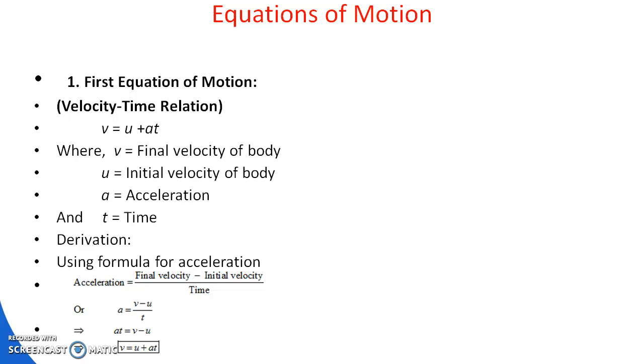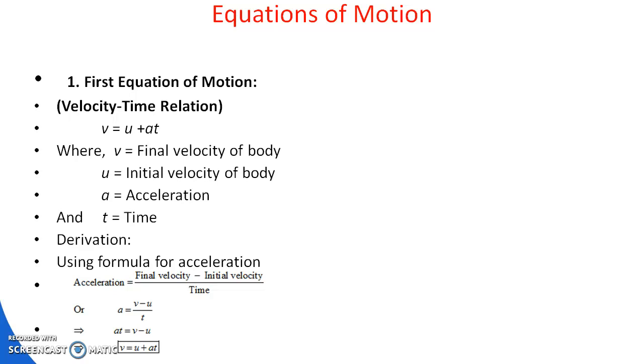The relations between displacement, velocity, acceleration, and time are known as equations of motion. These four terms are related by some equations, and those equations are known as equations of motion. How are they related?